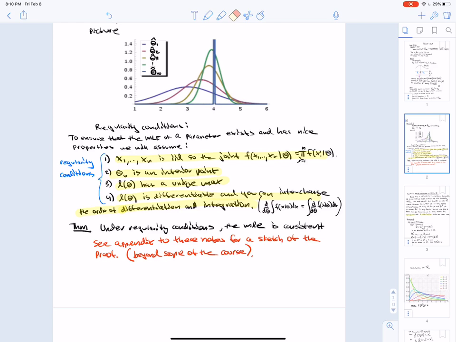Under these regularity conditions, the MLE is consistent.